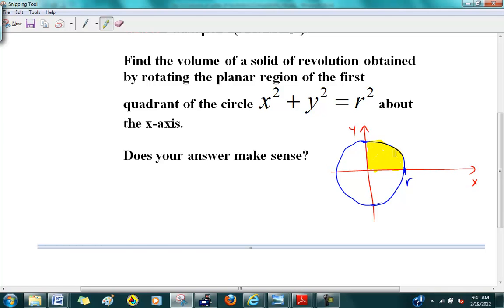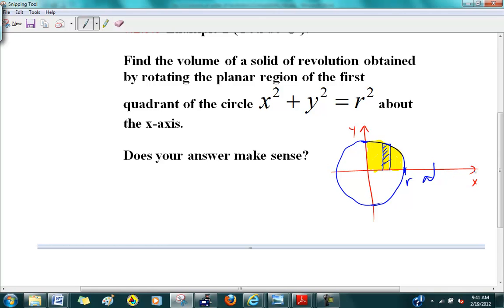about the x-axis. So let's start doing our representative rectangle. So here's my representative rectangle. Okay, so again, imagine rotating this about the x-axis.